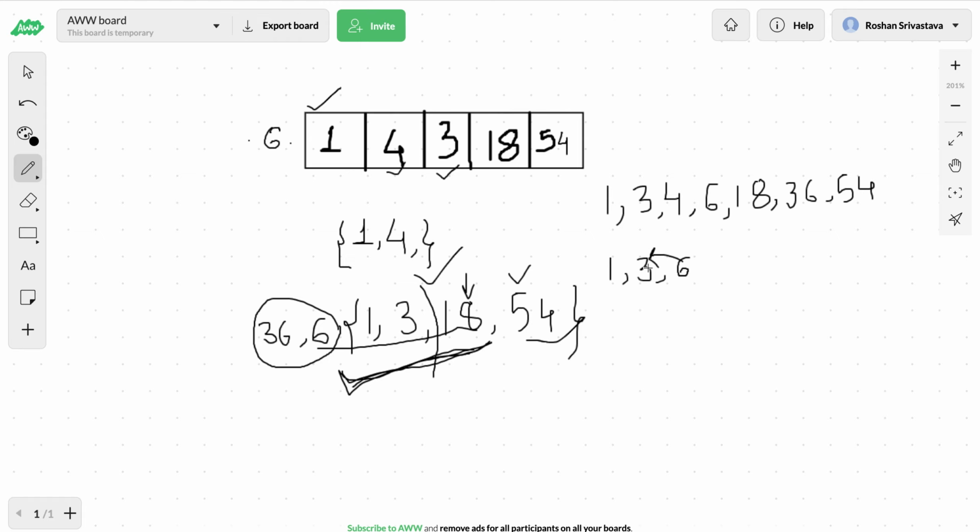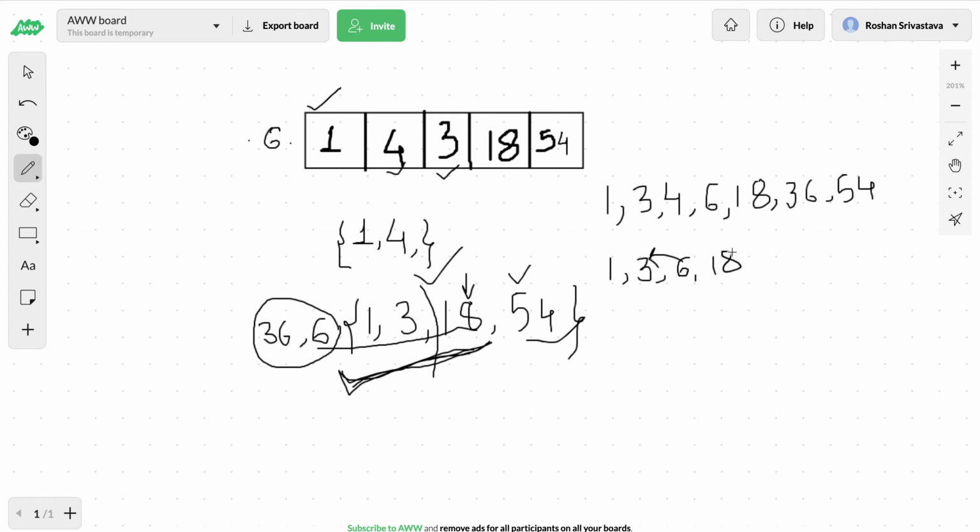If it is, that means for sure it will be divisible by all of them here, because we have been choosing the elements in such a way that the next element that we choose is always going to be divisible by the last element that we had chosen.